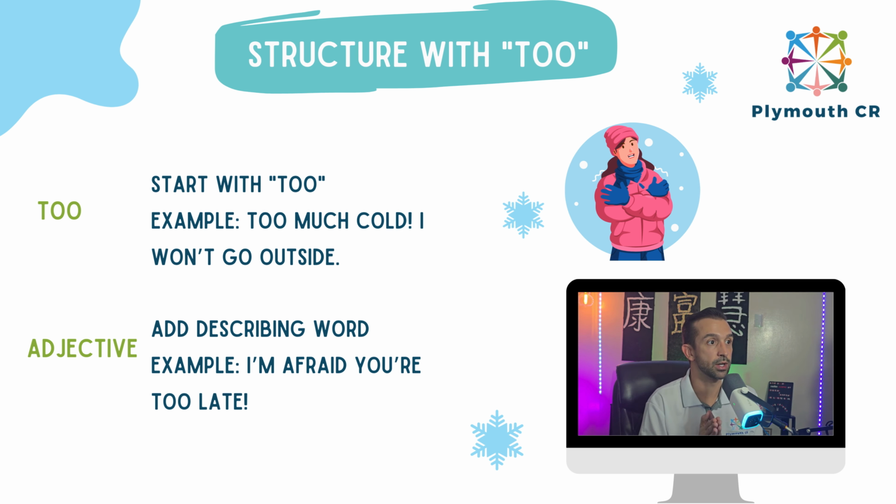Okay, so we're going to have the word "too", and then in front of it we're going to have an adjective. So basically the word "too" gives more than what we want or what is needed.